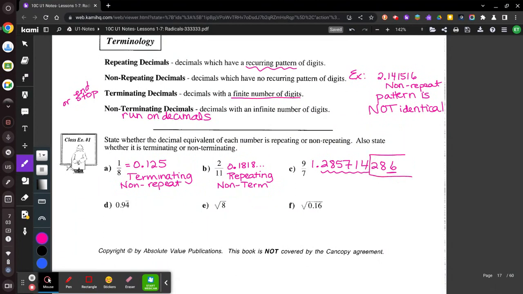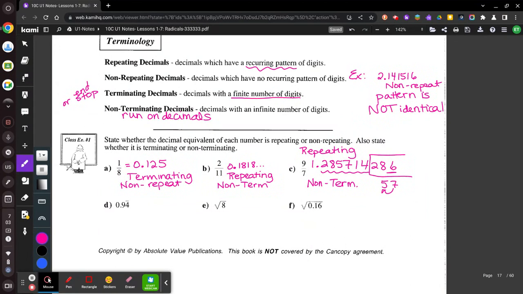Although, because it's 5, 7, the 5, 7 got rounded up to the 6. So this is actually a repeating decimal. And if it's repeating, it's going to be non-terminating, which means it won't end. It'll continue its pattern forever.